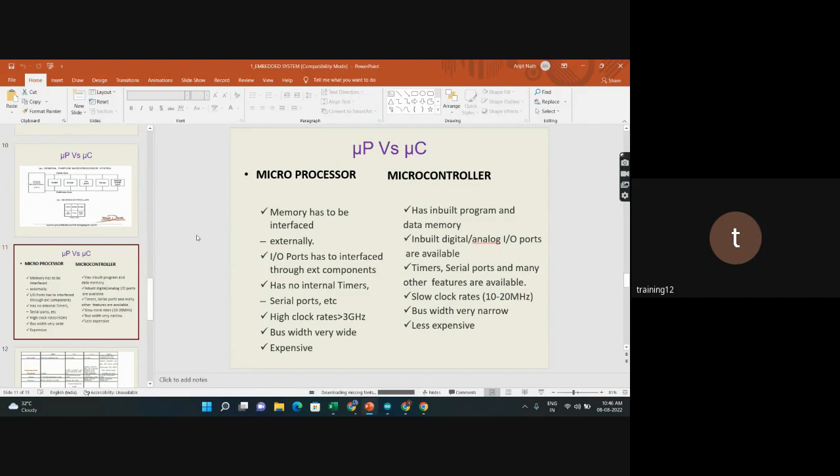Bus width is very narrow in a microcontroller, because in a single chip many things are available. A microprocessor is mainly expensive, but a microcontroller is less expensive.